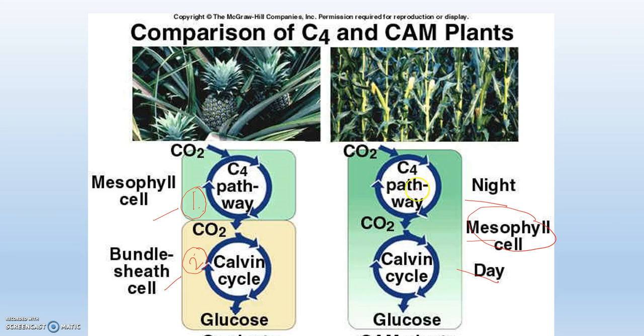So in the mesophyll cells during the night time, the carbon dioxide is fixed to form a 4-carbon stable molecule, and during the daytime, when the stomata are closed, this C4 compound breaks up into carbon dioxide as well as a 3-carbon molecule, which can recycle once again, and the carbon dioxide is grabbed by ribulose 1,5-bisphosphate, the Calvin cycle takes place, and you get your glucose.